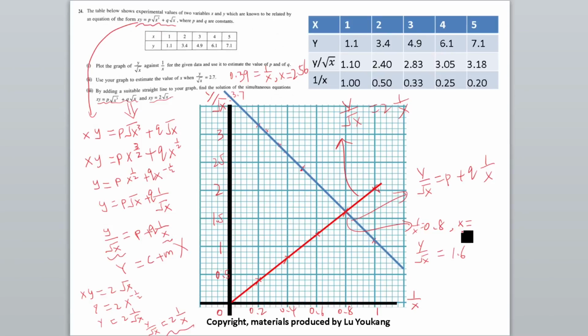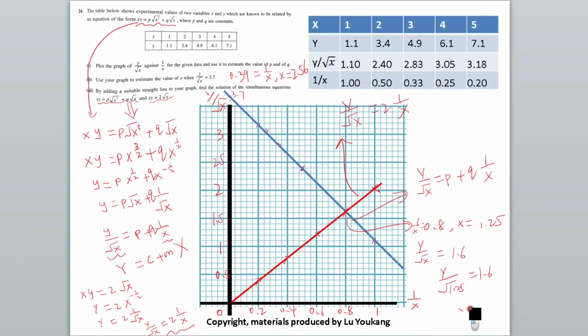With this, I can continue to find my x. My x is actually 1 over 0.8, which gives me 1.25. And once I get my x, I just need to sub it into y over square root x equals 1.6. And this should give me my y.